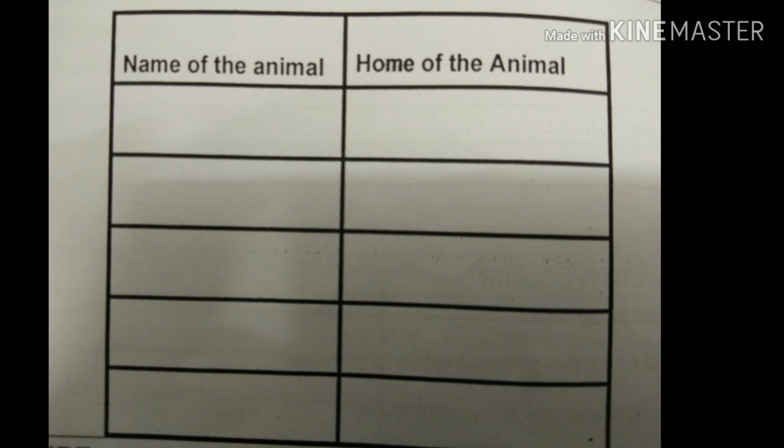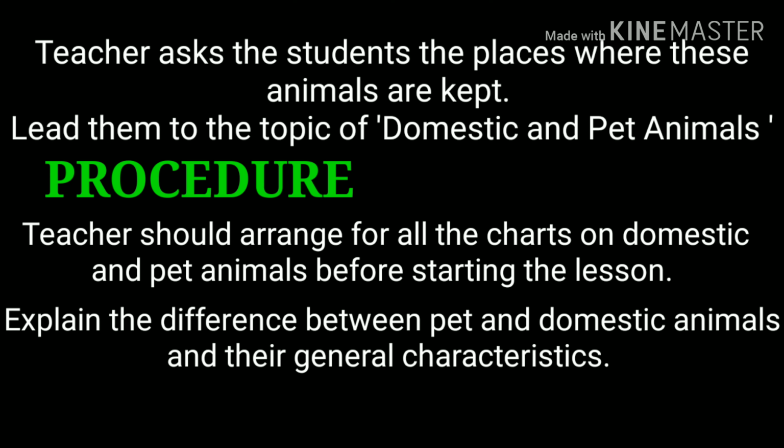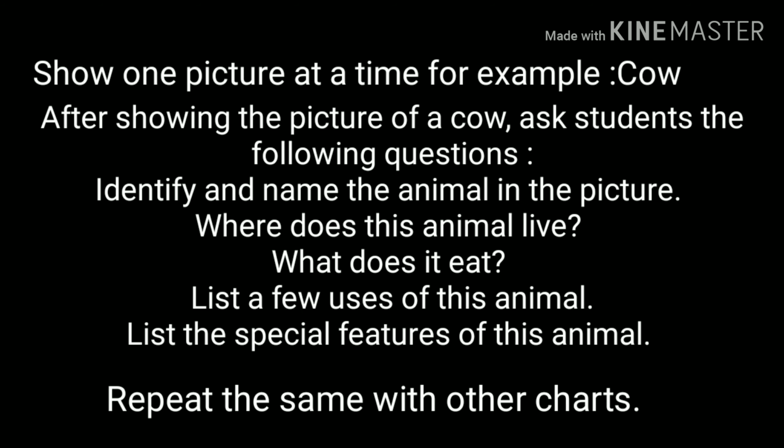And then comes the procedure. Teacher should arrange for all the charts on domestic and pet animals and explain the differences between pet and domestic animals and their general characteristics to the children by showing these charts or pictures one at a time. For example, if the teacher is showing the picture of a cow, then she should show the picture of a cow and ask students the following questions: identify and name the animal in the picture.